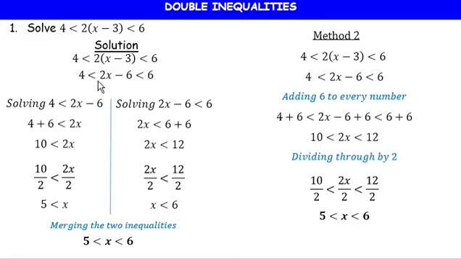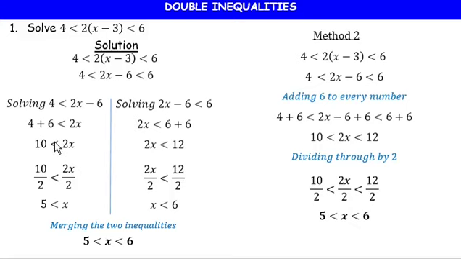So we are going to take the first one, 4 is less than 2x minus 6, and solve. In solving, of course, you are supposed to group like terms. So this negative 6 will cross to the left side and become plus. It's going to be 4 plus 6 is less than 2x. 4 plus 6 gives us 10.